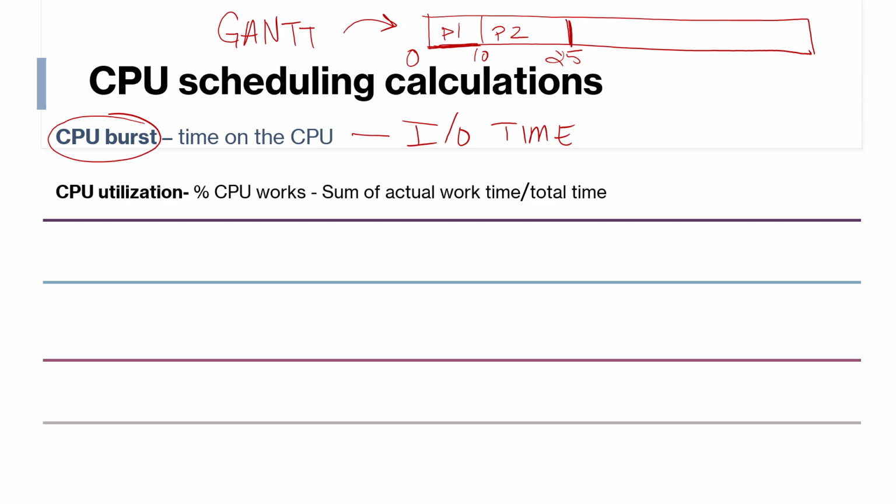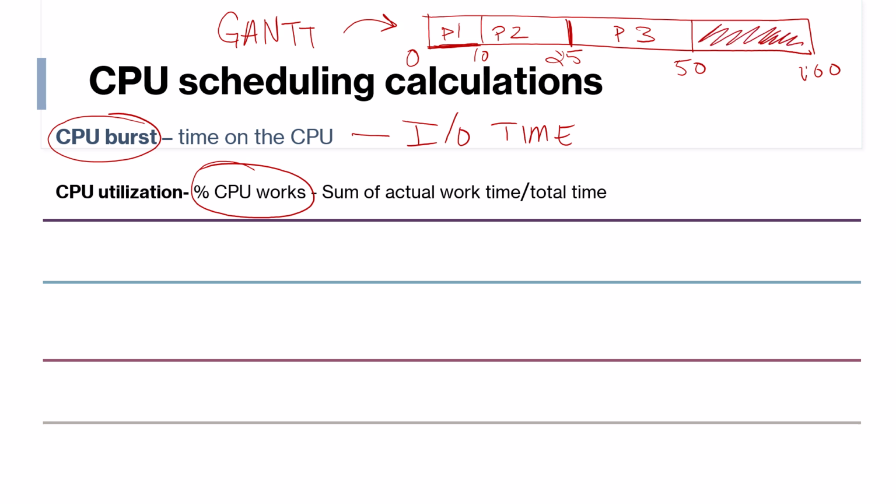So CPU utilization, we've already talked about that. That's the percent of time that the CPU is busy. Say we have another process 3 that goes until time 50, and our total time is 100. I know that's not to scale, but that's okay. And the CPU is not working here.